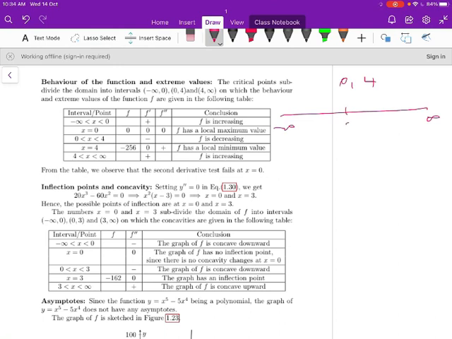So the domain is divided into the sub intervals minus infinity to 0, 0 to 4, and 4 to infinity, where x equal to 0 and 4 are the critical points.